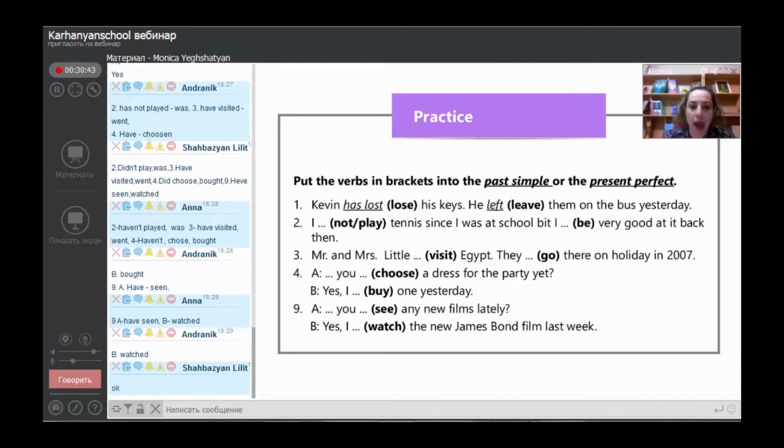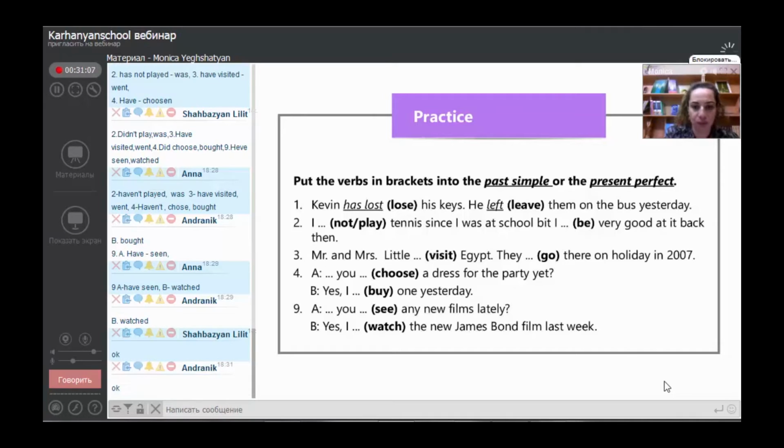Have visited. The fourth sentence. Have you chosen a dress for the party yet? Yes. I bought one yesterday. Have you seen any new films lately? Bond film last week. Okay, all answers were correct. So let's move on.